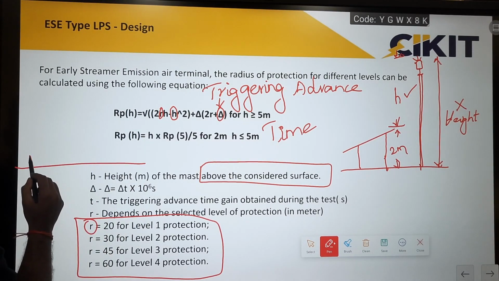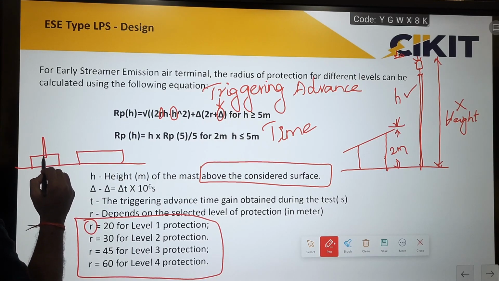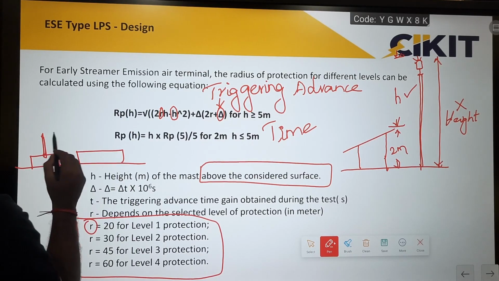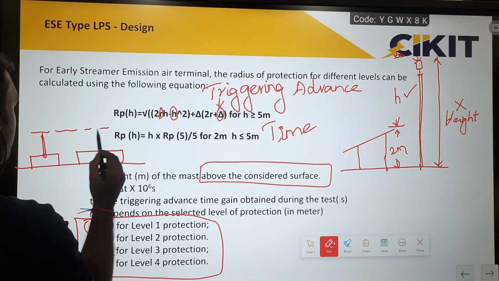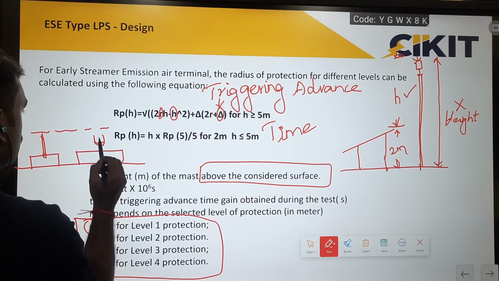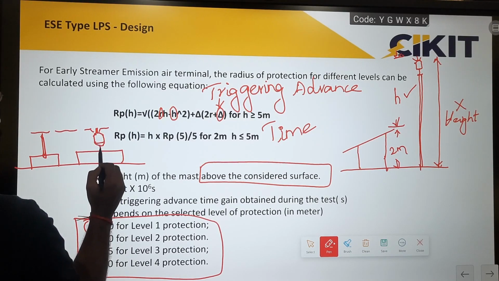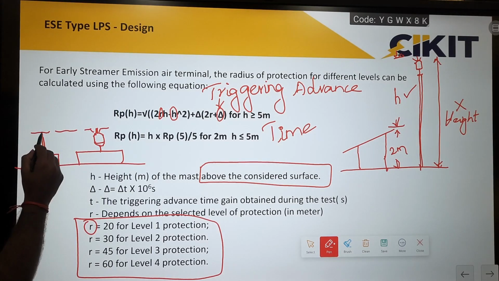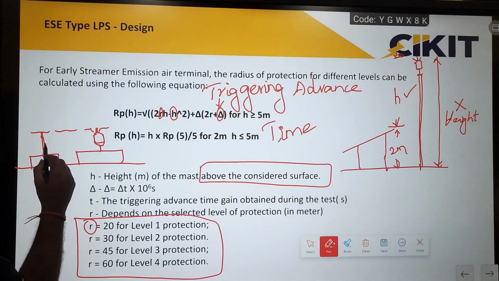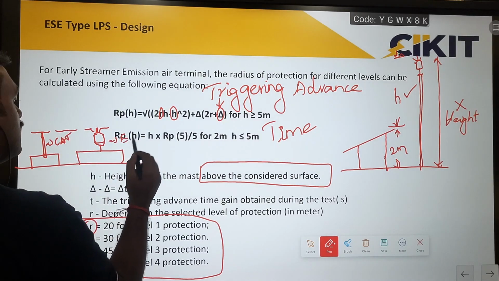In the lab setup, I will have a conventional air terminal and maintain the same height for the ESE air terminal. This one is the conventional air terminal and this one is the ESE air terminal.